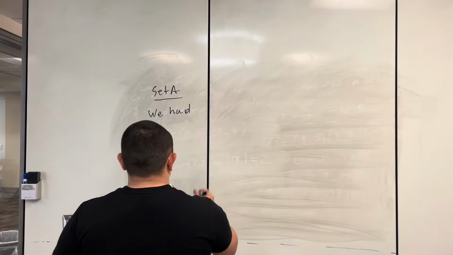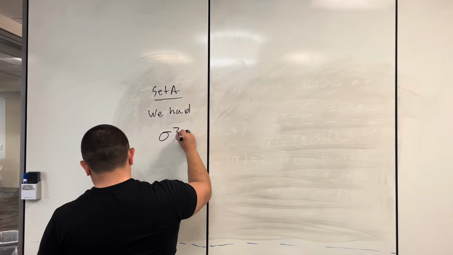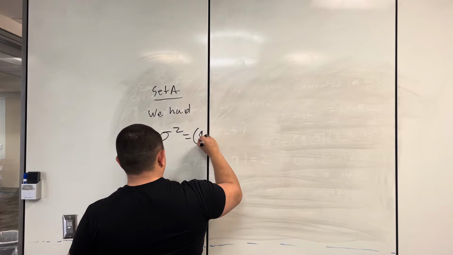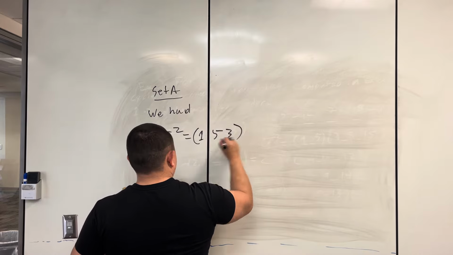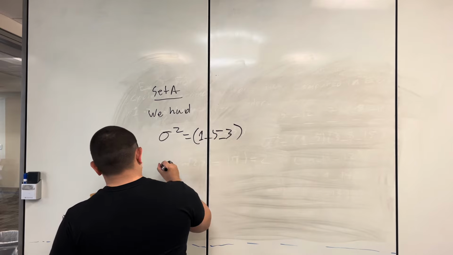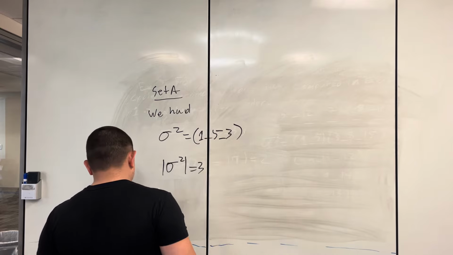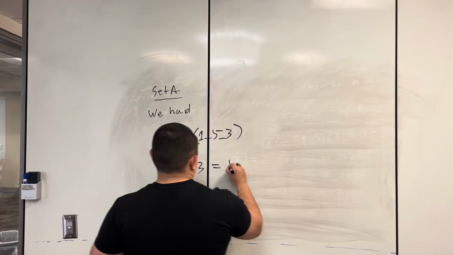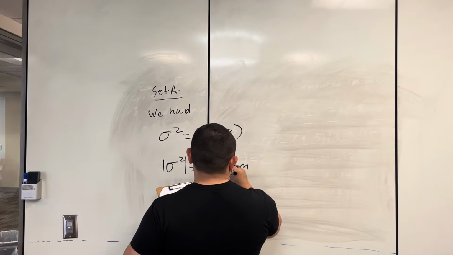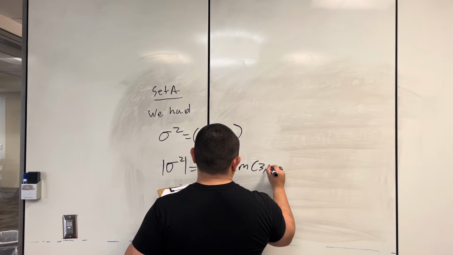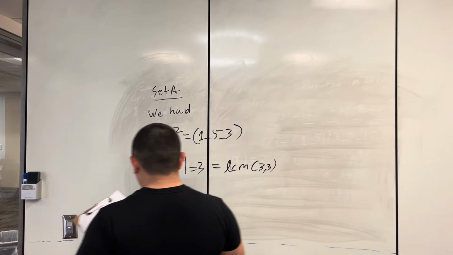What did we get for sigma squared? It equals (1 5 3). Well then, the order of sigma squared is equal to 3. Why is that? Well, what's the least common multiple of 3 with itself? There's no other cycle, right?